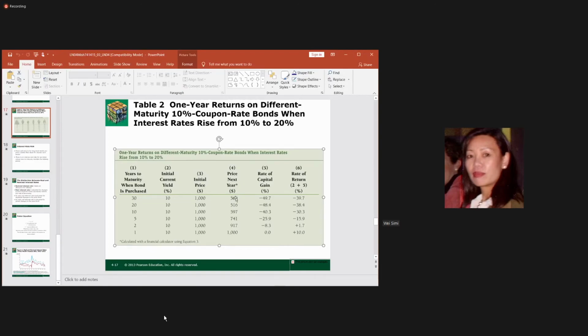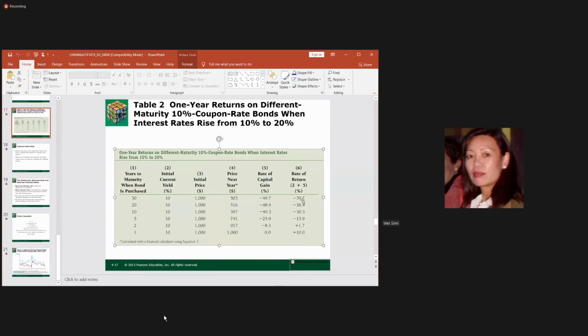So this is your capital loss, because you bought at 1,000 and right now you only have 503. So use the 503 minus what you paid and divide by what you paid. You lost 49.7%, but you did get a 10% coupon. So then your total loss is 39.7.